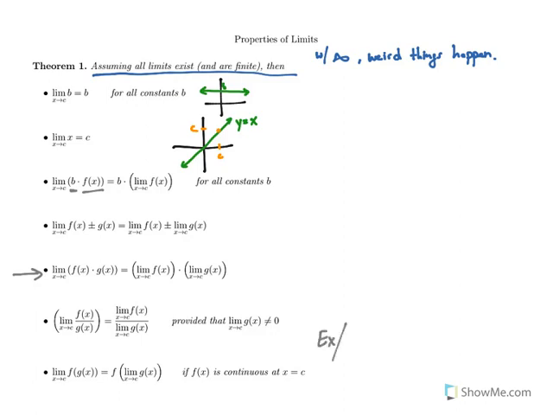So for example, if you have the limit as x approaches 1 of, let's think of a continuous function, sine of square root of x, then we can instead think about sine of the limit of square root of x. And that's because we know that sine is continuous, so we can bring the limit inside of that, and that helps us deal with a bunch of limits algebraically.